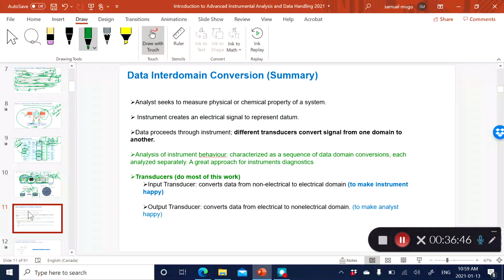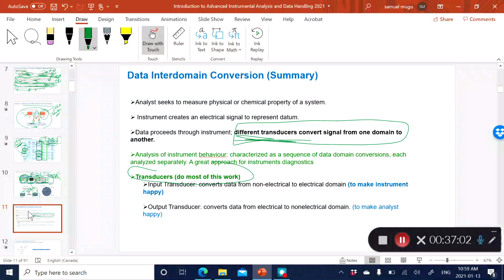Now, the data interdomain conversion is actually done by what you refer to as a transducer, okay? So the critical components within instruments are what you refer to as transducers.